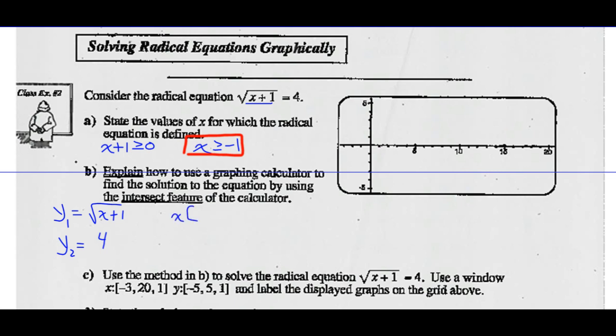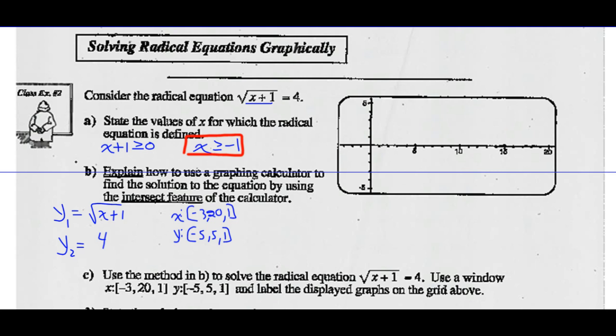In this case, our window for x looks like it's going from -3 all the way to 20. So minimum -3, maximum of 20 by a scale of 1. And our window for y looks like it's going from -5 to +5 by a scale of 1.